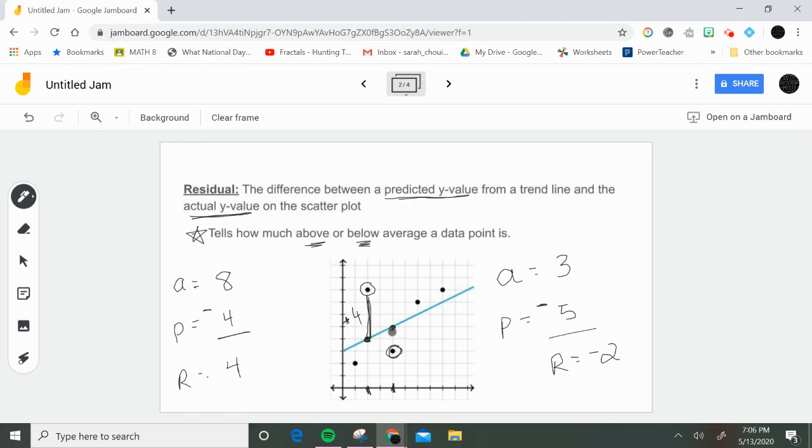That tells me this point was 2 below average, since it was negative. What do you think the residual here would be? So the residual here, we can even just count, is 1 because we are 1 above average. We get that by doing the actual value 8 minus the predicted value of 7 to get a residual of 1.